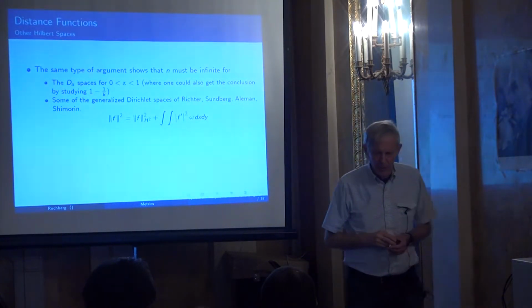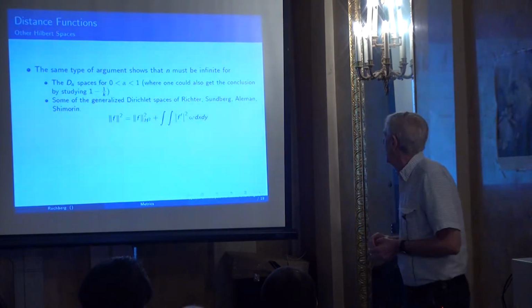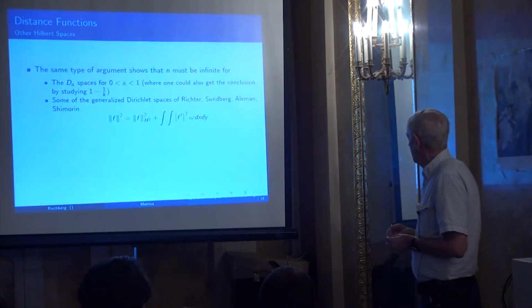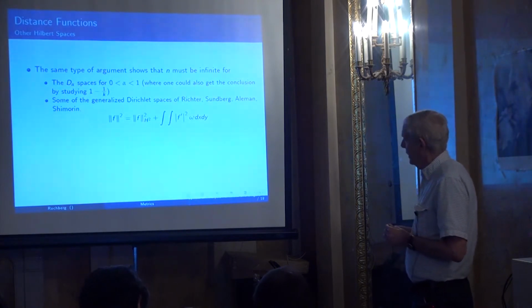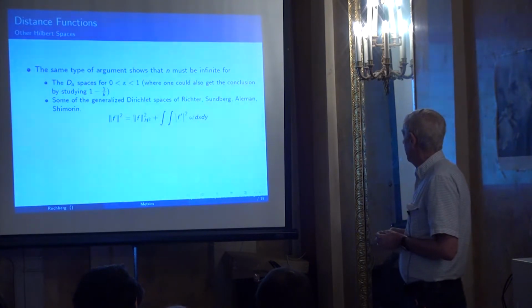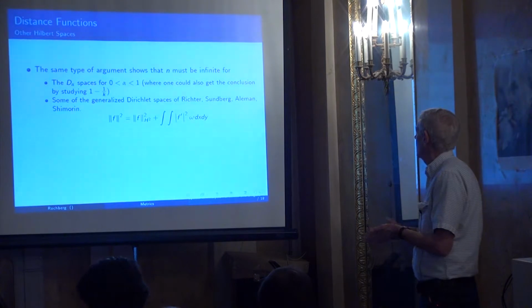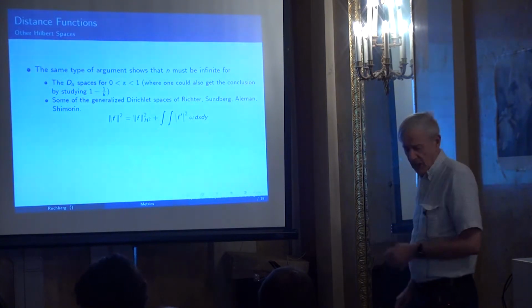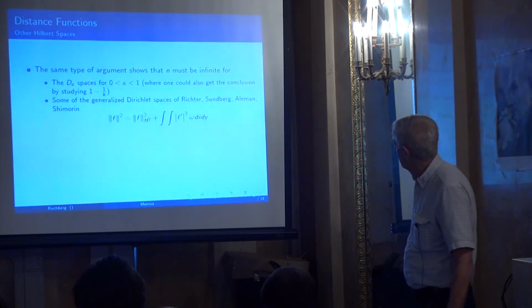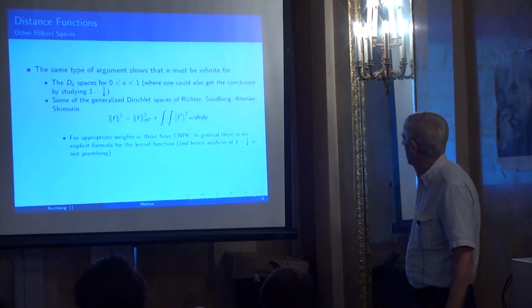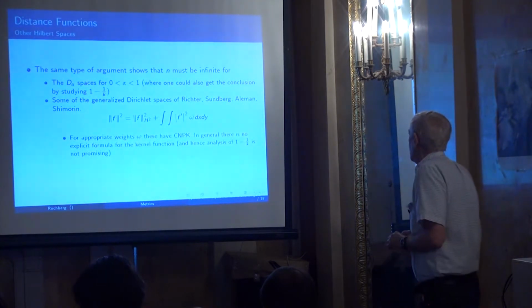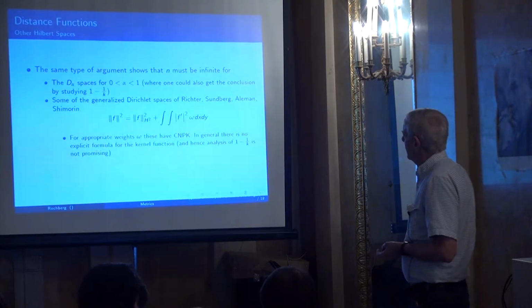For example, if omega is a positive harmonic function, that will give you another Hilbert space, different, but one which again has a complete Nevanlinna-Pick kernel. So again, we're in the place where these questions make sense. And for appropriate weights, again, you can ask the same question.